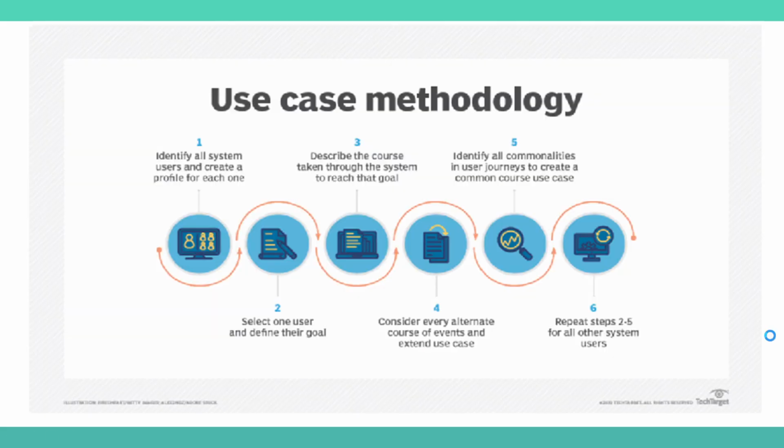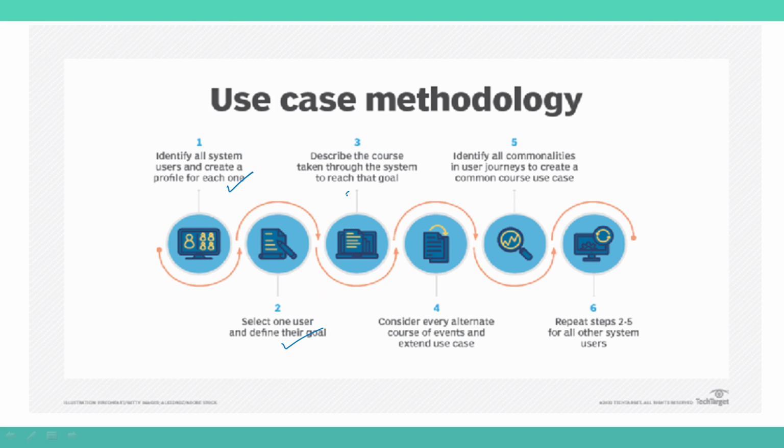Then this is the methodology. Identify all system users and create a profile for each one, system profile. Then select one user and detail their goal, for a particular user, what are the things the user is doing. Then describe the course taken through the system to reach that goal. So what are the things this particular user is doing?